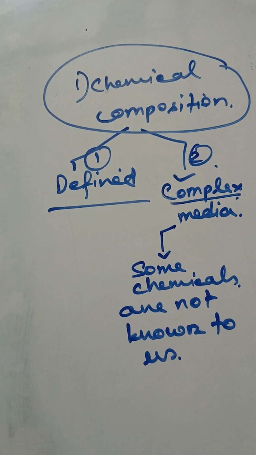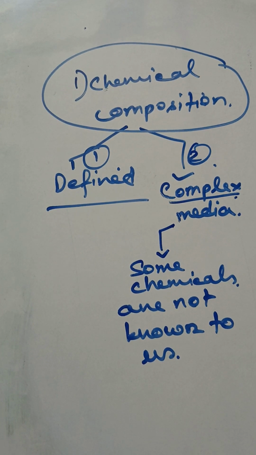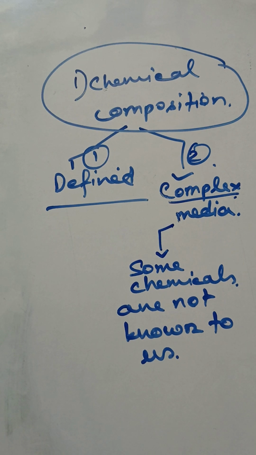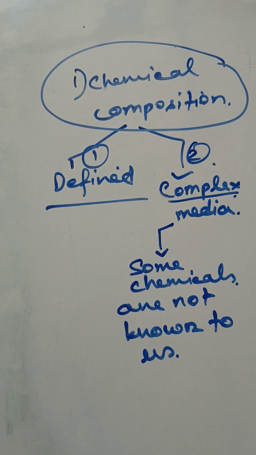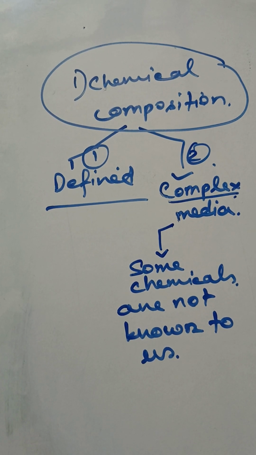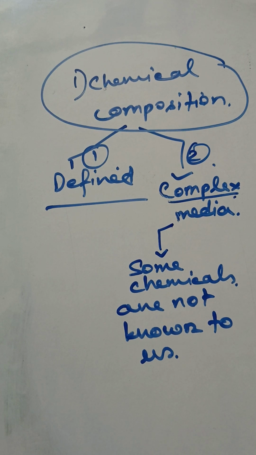In case of complex media, there are many different types of chemicals present in the media, along with the sugar constituents, nitrogen source, carbon source, etc. There are other minerals or other specific types of chemicals present. So in one media, various types of chemicals are present that may be unknown to us, but it is also a rich media, and it can meet all the nutritional requirements of many different types of bacteria.